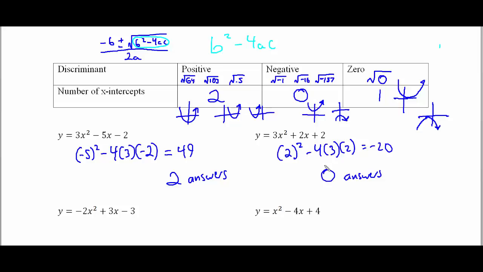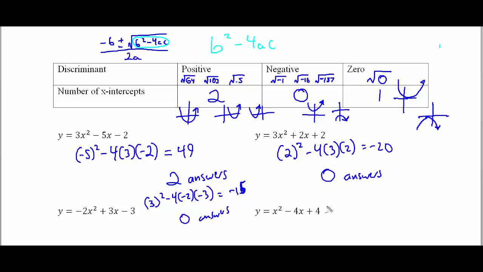So this graph will not cross the x-axis at all, so there will be no x-intercepts. Here, let's plug this into our b squared minus 4 times a times c. If I type that into the calculator correctly, I get an answer of negative 15, not negative 10, negative 15, which gives me 0 real answers.